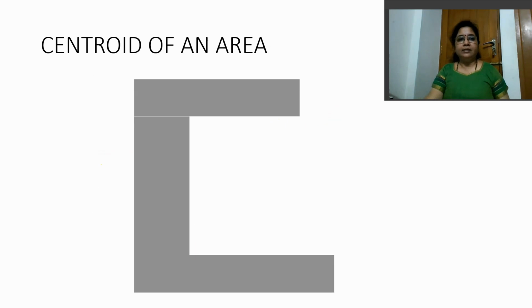Now, let us take one example: centroid of an area. I have three rectangles here. This is a C-type one. Let me write the parameters. This entire length is 8 centimeter, and this thickness is 1.5 centimeter.